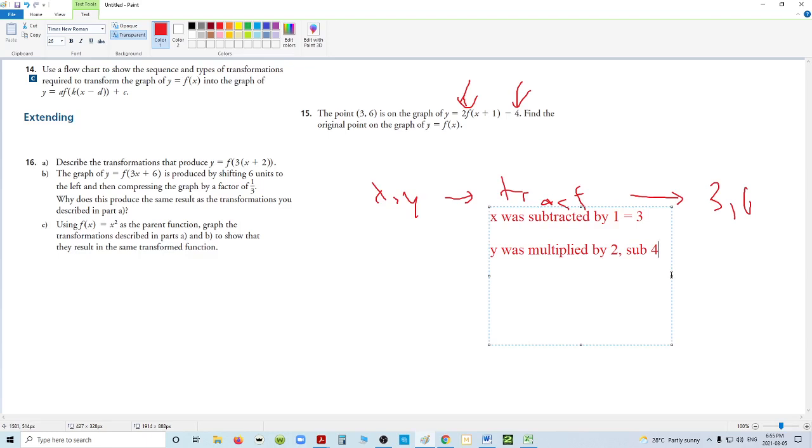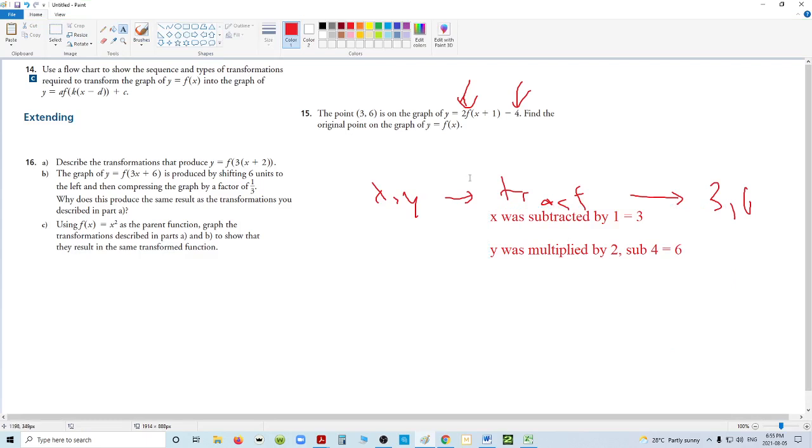So if we write that algebraically, we can actually figure it out much easier. So if I took x and subtract 1, and I got 3, how do I get x all alone? I add 1 to both sides. That's algebra. So x must have been 4.